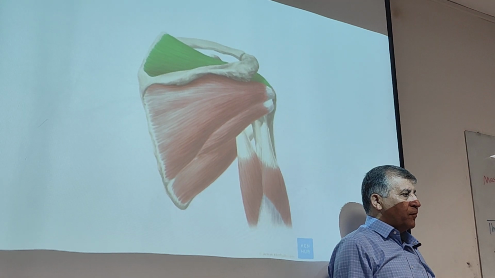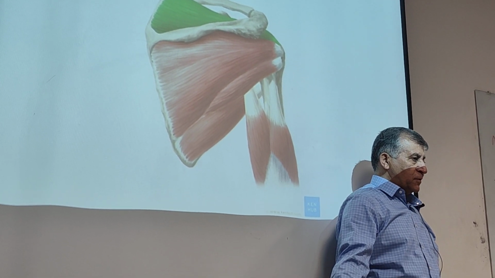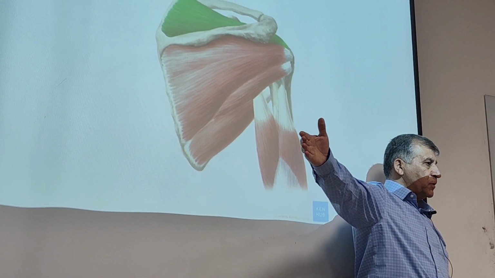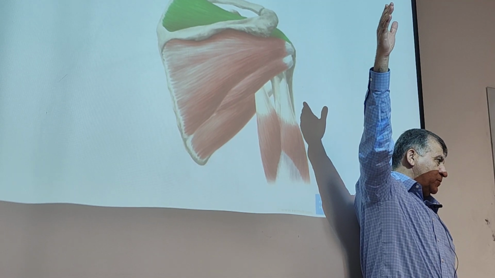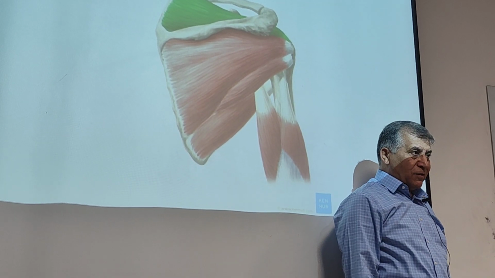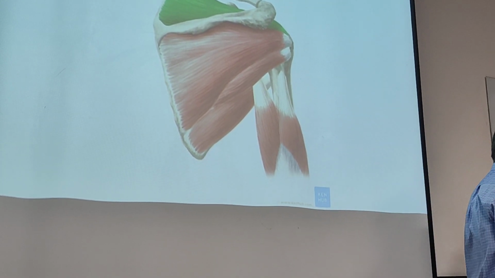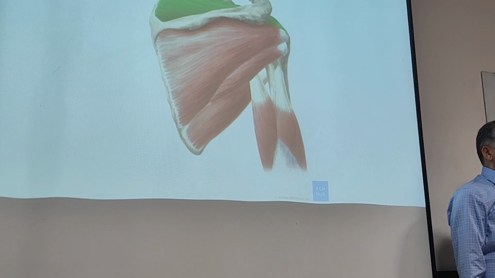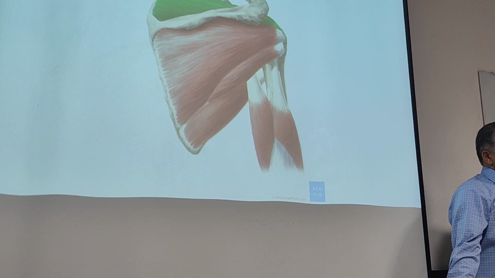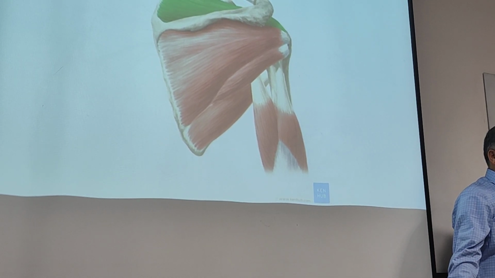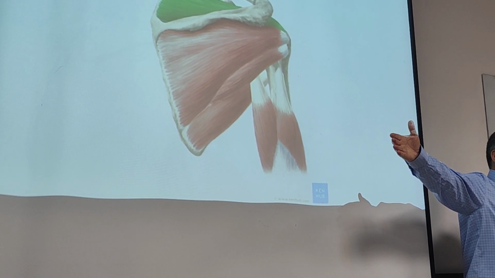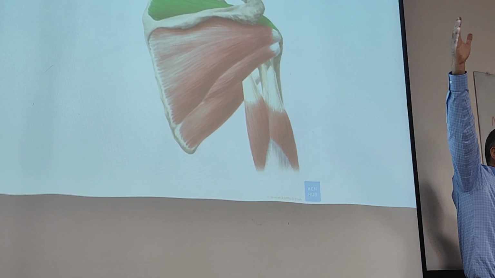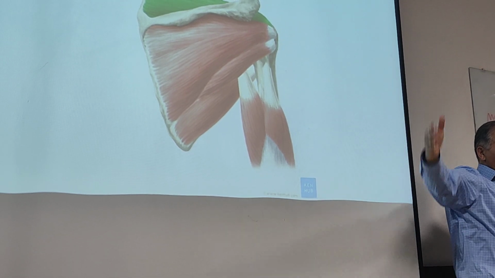This one, supraspinatus. This one, deltoid. This one, trapezius. Three muscles are involved in abduction of the shoulder joint. First 15 degrees, supraspinatus. At 90 degrees, deltoid. After 90 degrees, trapezius.